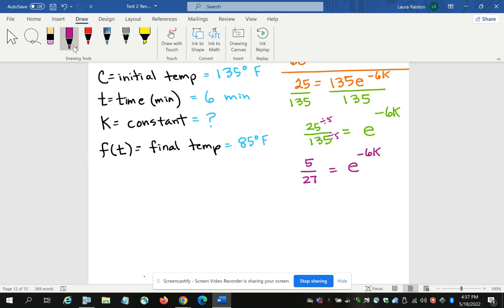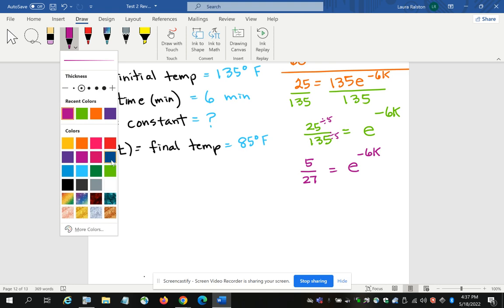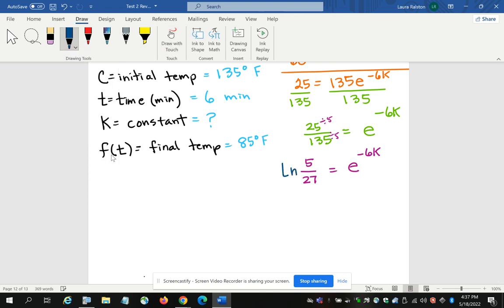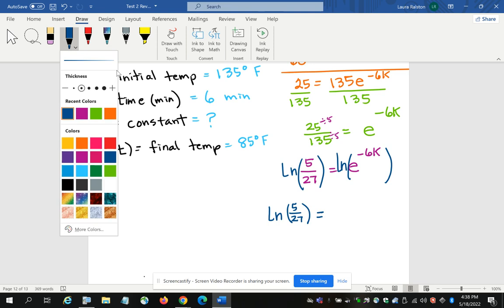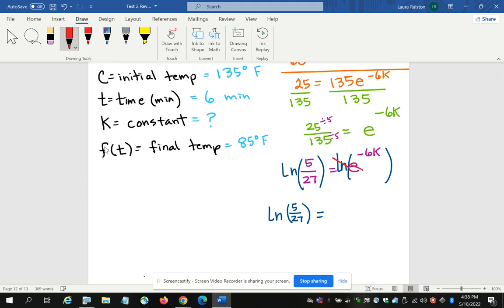I then need to eliminate my base e. To do that, I'm going to take the natural log of both sides, and I'm using a natural log because it's base e. So I'm going to have the natural log of 5/27 equals, remember that natural log and base e are inverses. They cancel out.